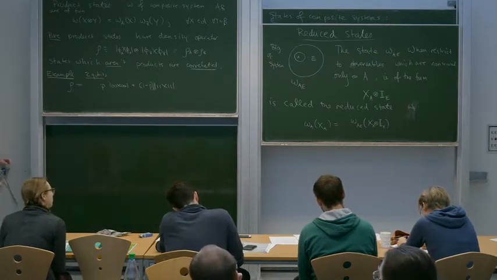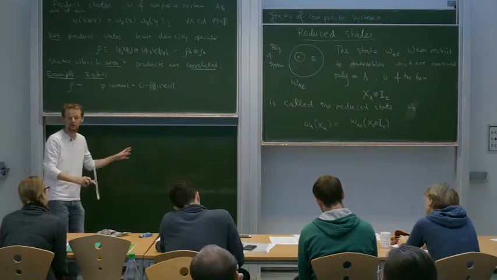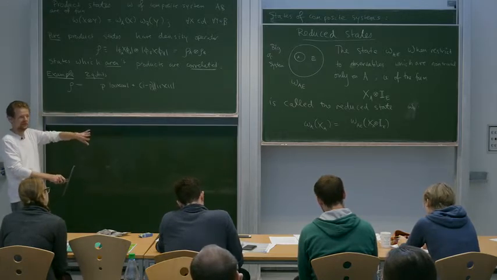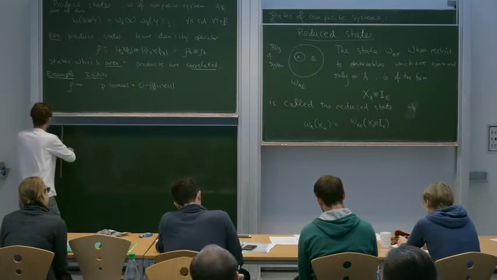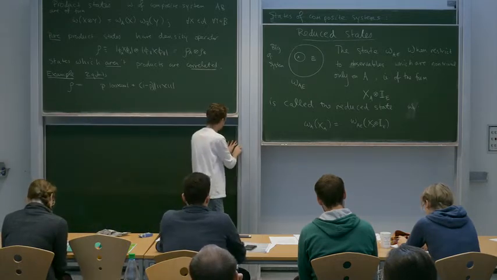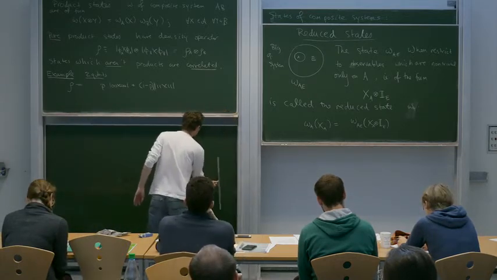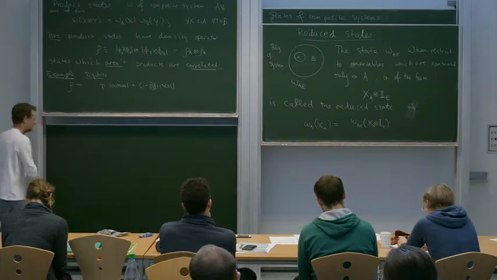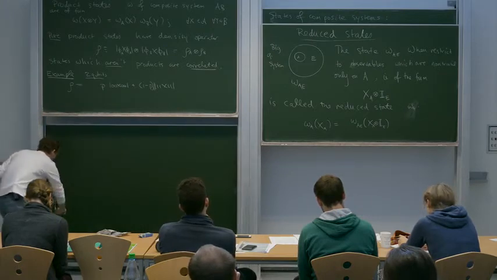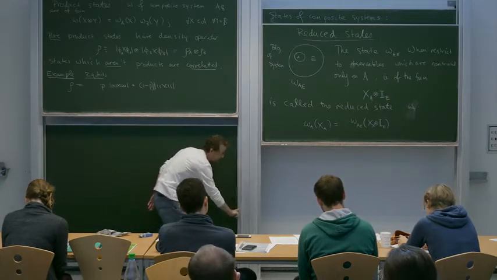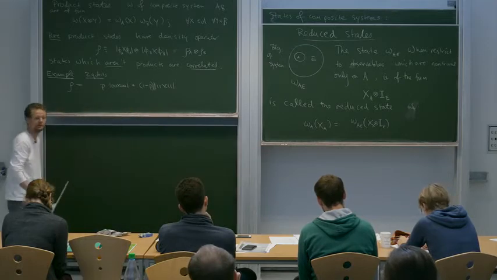Now, for almost all of this course, we can represent states with density operators, and everything you can say about a state has a corresponding representation in terms of density operators. And the case of building the effective reduced state of a subsystem is called partial trace when you do it on density operators.